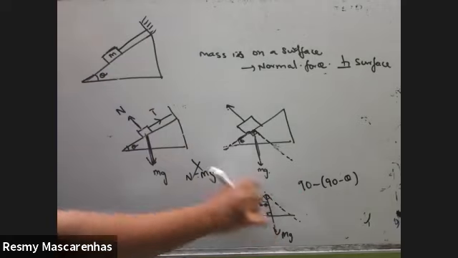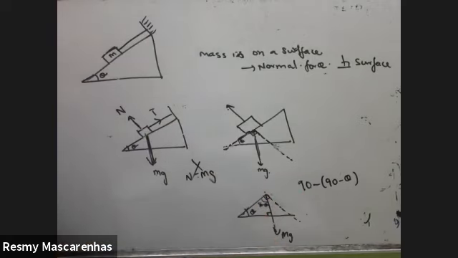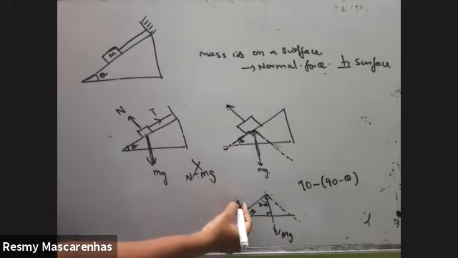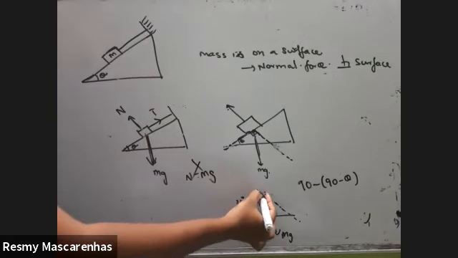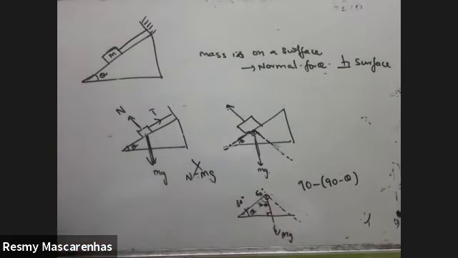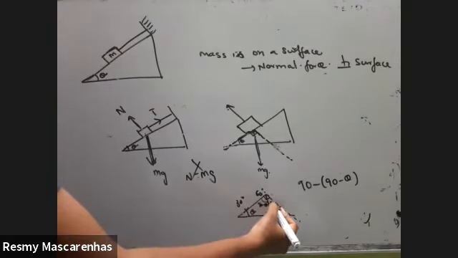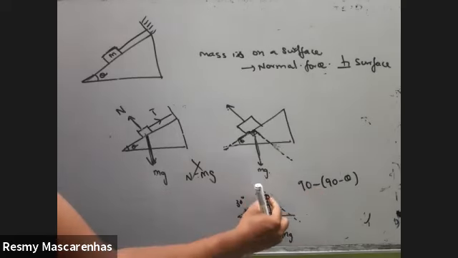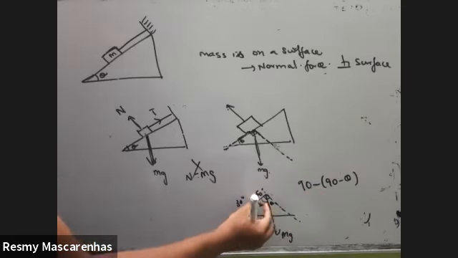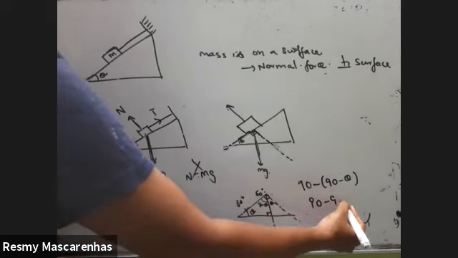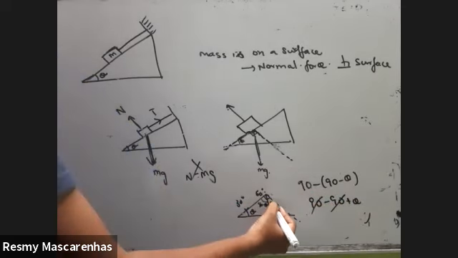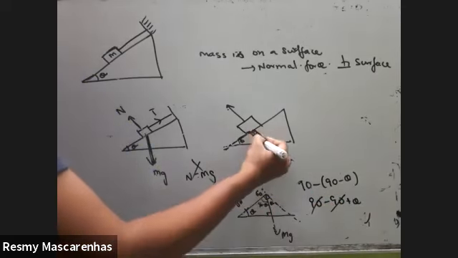And then how much would this become? Total should be 90. It would be 30, which is the same as this angle. So as per that logic, this will be theta. Even if you calculate, full thing should be 90. So 90 minus this angle, 90 minus 90 minus theta, we get back theta. So this is your theta.